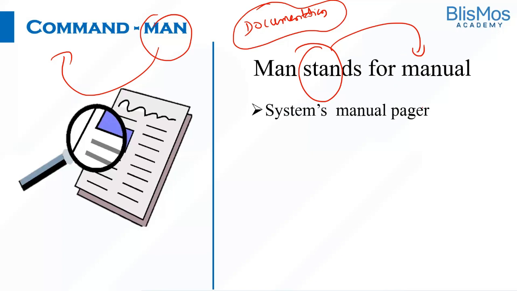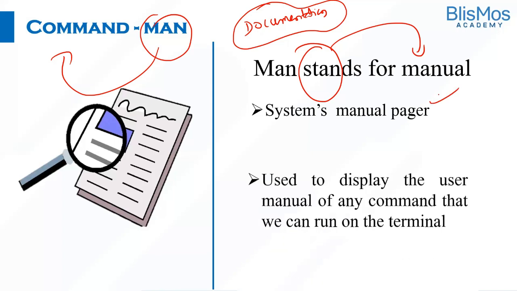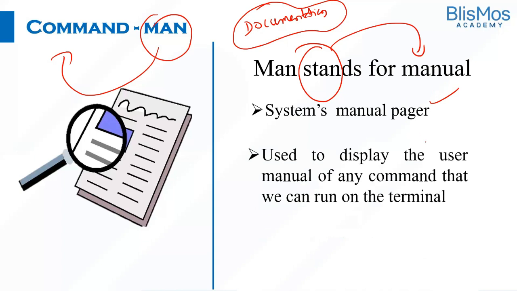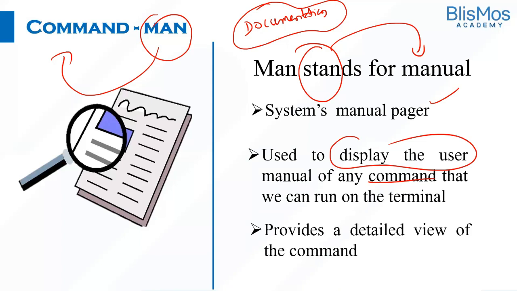Man is the system's manual pager, which means it will display the manuals of each utility. It is used to display the user manual for any command which you want to see in detail. It will also provide a detailed view of the command.